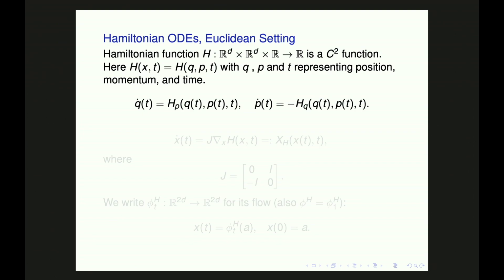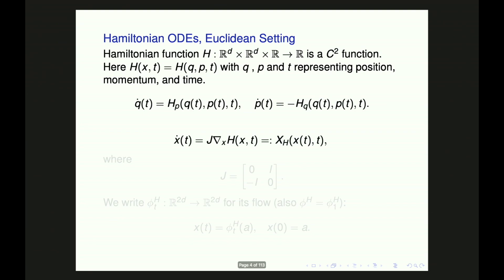The time derivative of q is given by the momentum derivative of H. And I'm writing H_p for the vector that represents all partial derivatives with respect to various components of the momentum vector. And likewise, the derivative of momentum is given by another vector of partial derivatives.